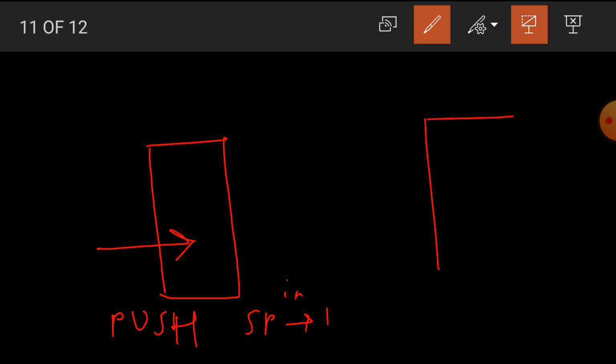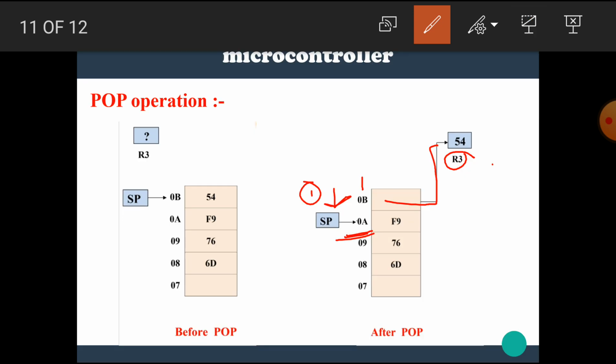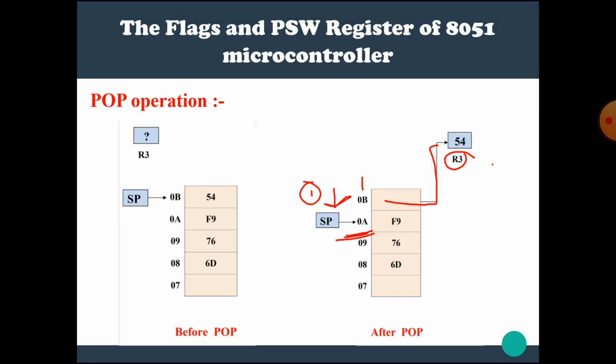If the data is taken out from the stack, then the pop instruction is required, and during each pop operation the stack pointer register is decremented by 1. I hope you all understand the concept of the stack pointer and the operations associated with the stack pointer register, that means push and pop operations.